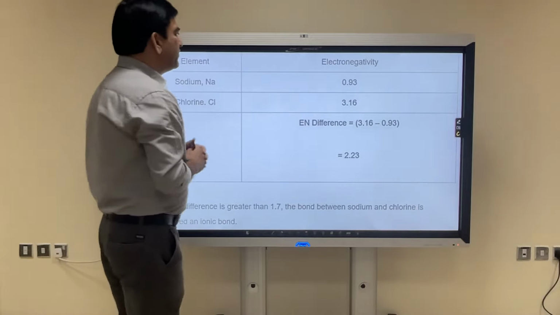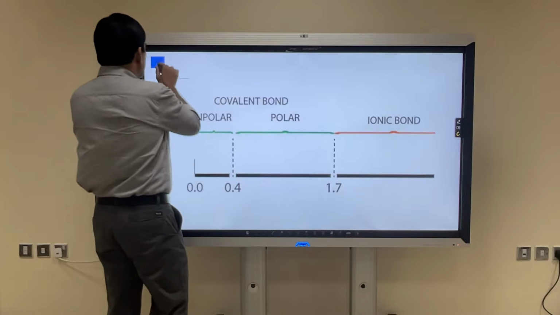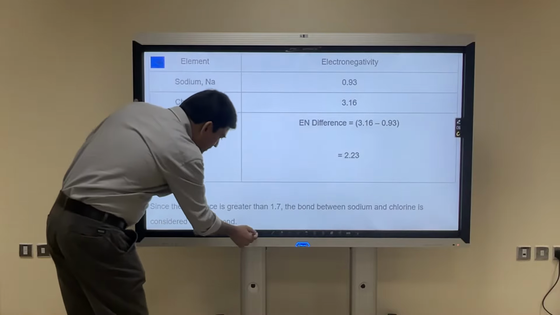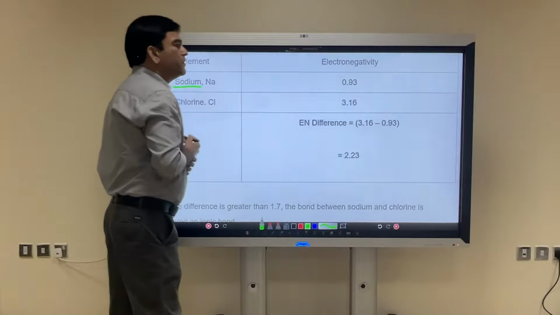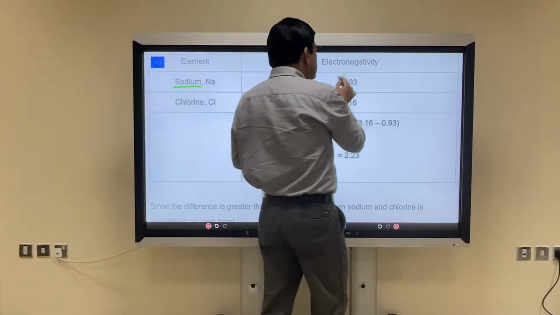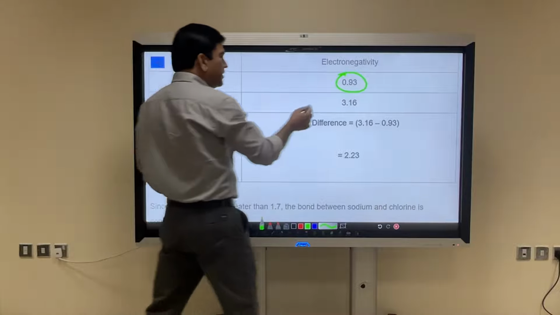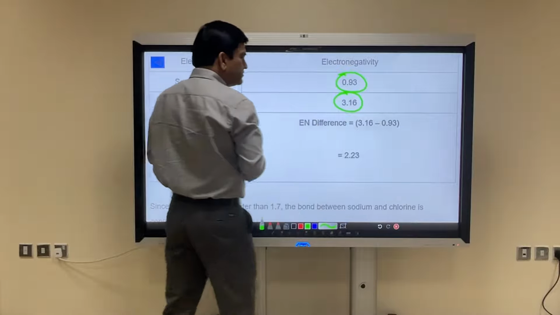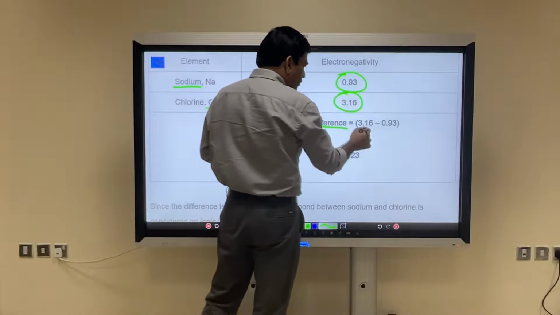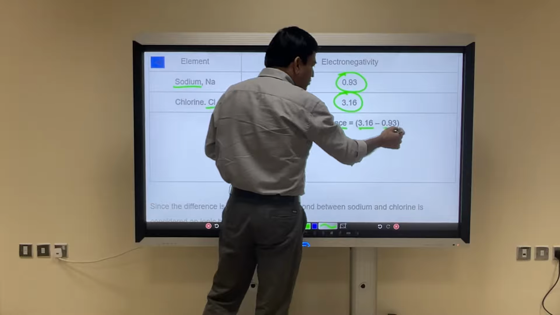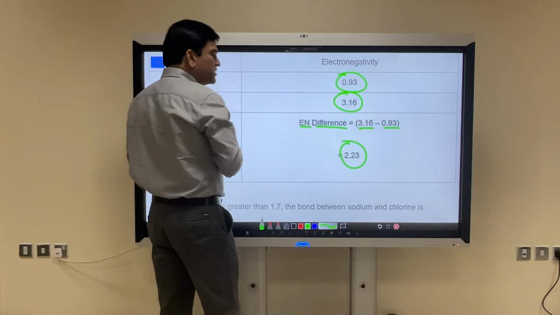Now we take one example. Sodium, what is the electronegativity? It is 0.93. And chlorine, what is the electronegativity? It is 3.16. Now, what is the difference of electronegativity? 3.16 minus 0.93, the answer is 2.23. This is more than 1.7.